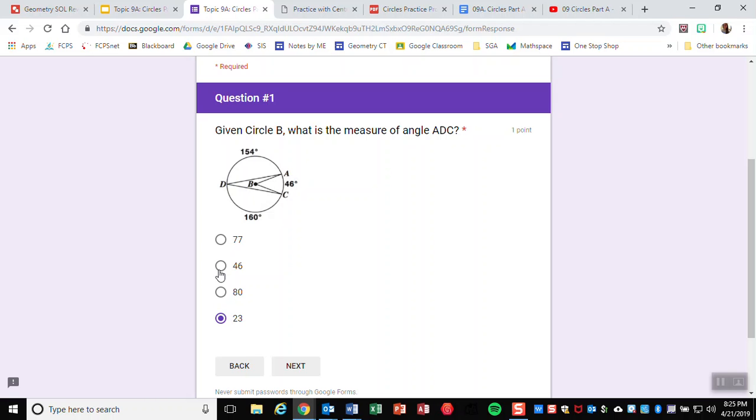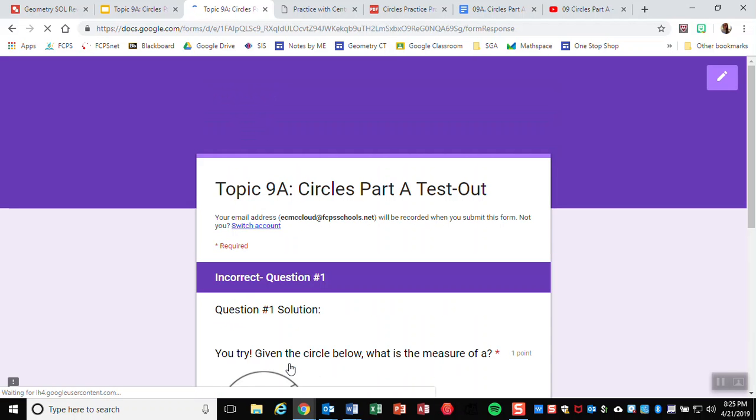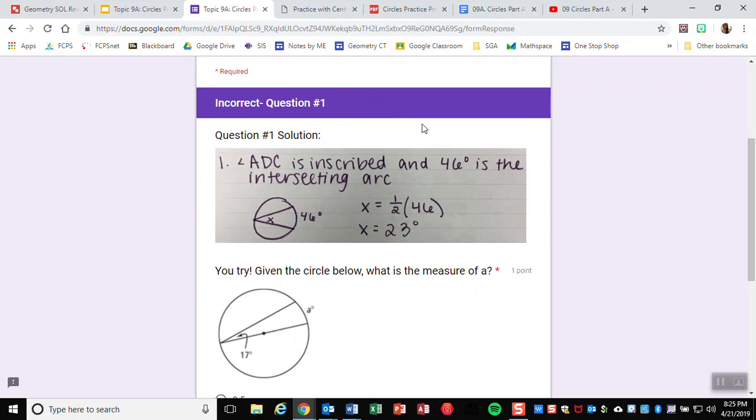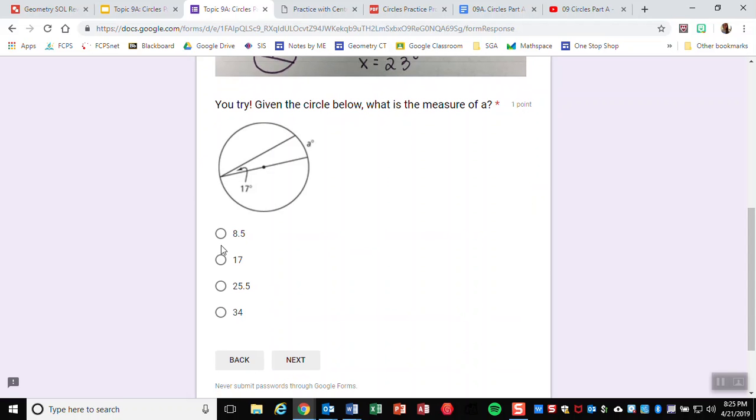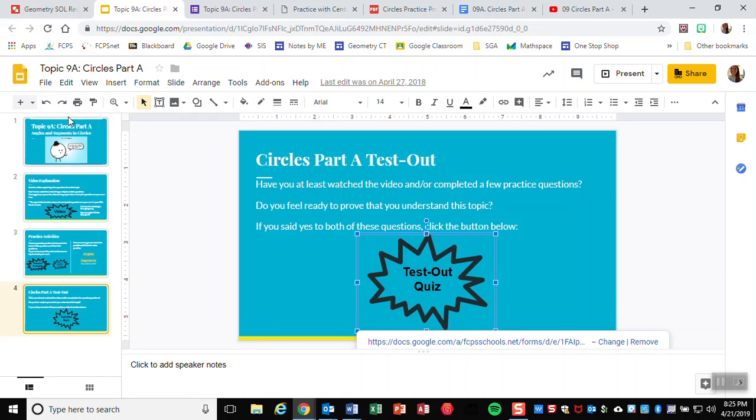So I know that's right, but let's say maybe I accidentally thought it was equal. When I click next, you'll see that I give you the solution to why that's wrong so you can learn from your mistake. And then there's another question for you to try to prove you do understand this. So this is the review website for you to work through.